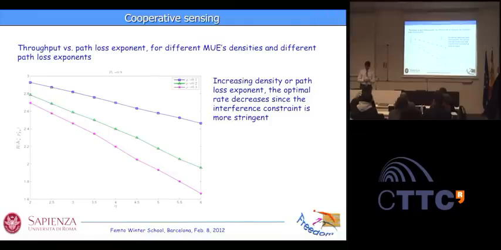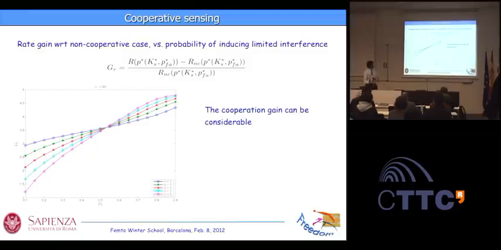Okay, thank you. And finally, for this part, here I'm plotting the relative gain in throughput that you can achieve through cooperation. So this is the rate increase due to cooperation: the rate including cooperation minus the rate without cooperation, the non-cooperative case, divided by the rate in the non-cooperative case.